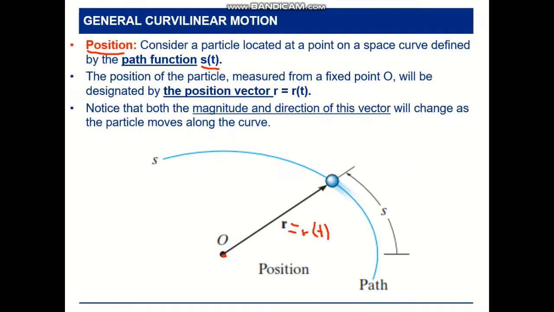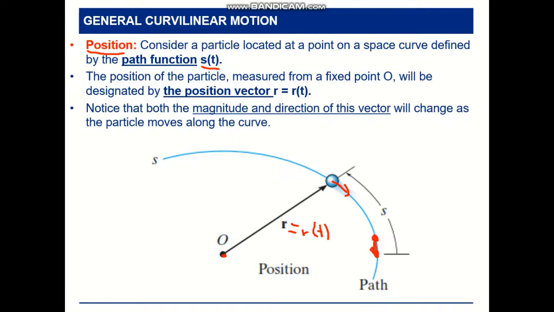Notice that both the magnitude and direction of this vector will change as the particle moves along the curve. So if we have these guys here, we know the direction is going to go this way. But if our particle comes over here, it's going to be normal to the y direction, right?